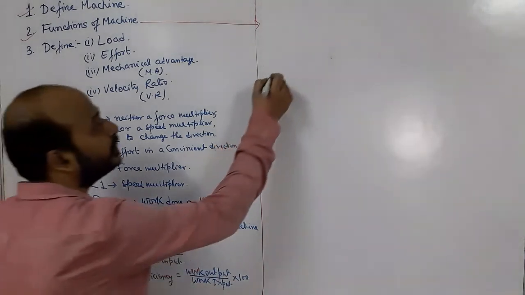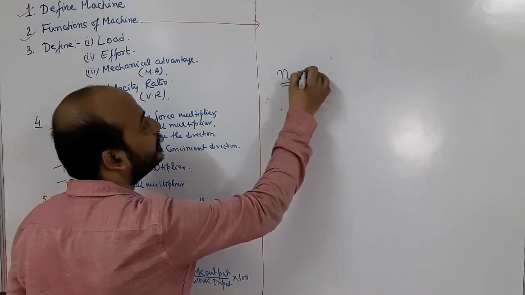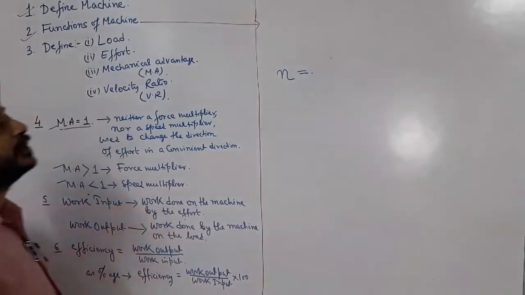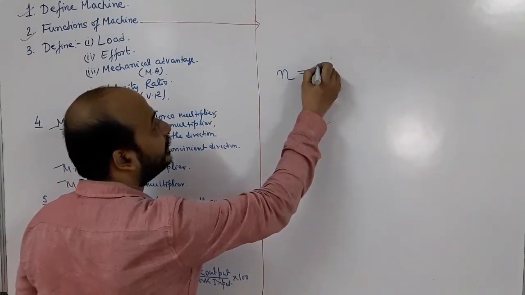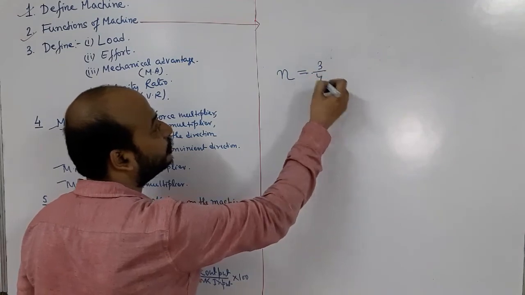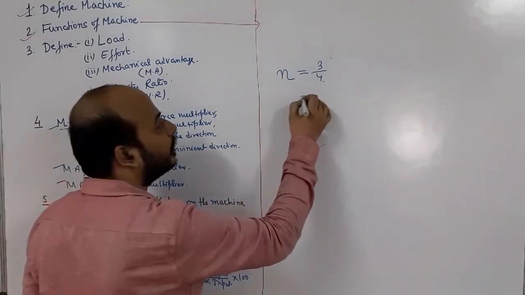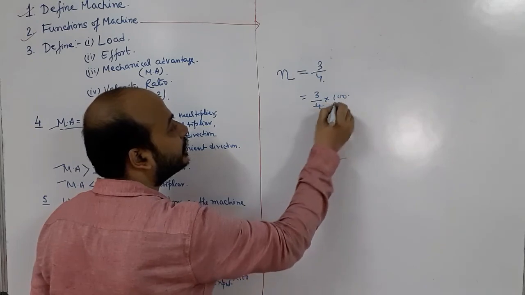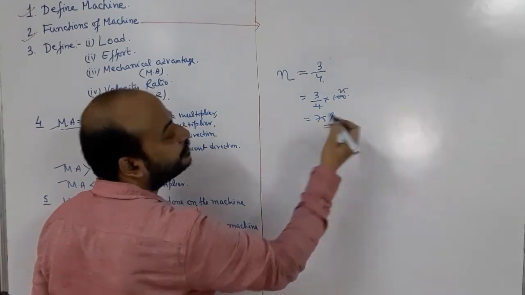For example, efficiency is generally denoted by the letter η, and if the efficiency of a machine is 3 by 4, that means the machine is 75% efficient.